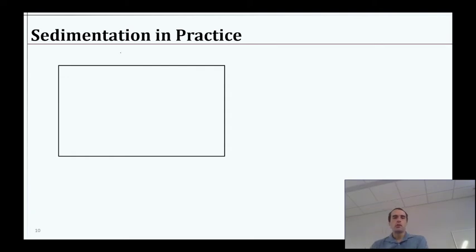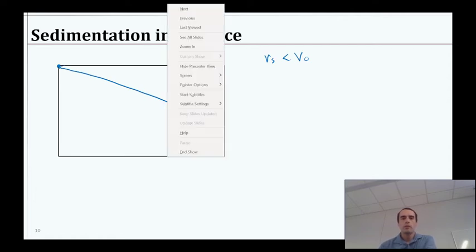All right, so I just wanted to draw that up a little bit more clearly. Let's say just one speed where we'll say the settling velocity is less than V naught. So we have a system like that.